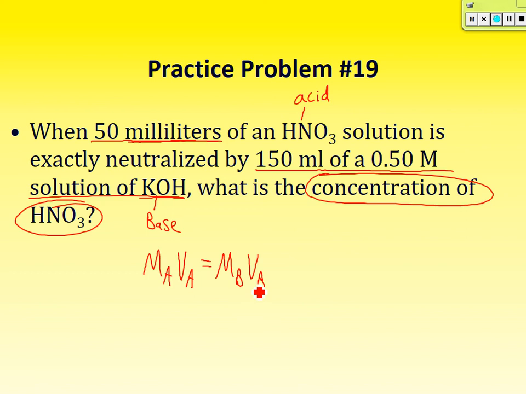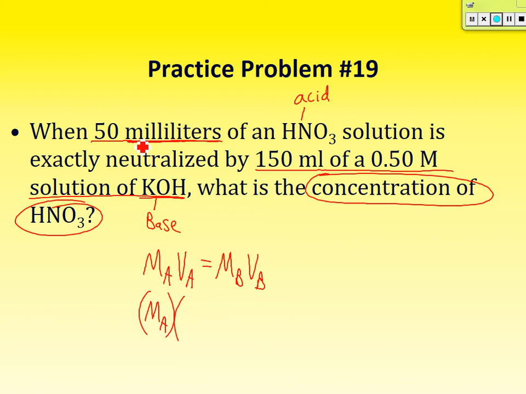Okay, let's substitute in. Did it give us the molarity of the acid? Or is that what it's asking for? That's what it's asking for. So I'm just going to keep calling it Ma. Did it give us the volume of that acid? Yeah, it did. But here's how it's different. Could we convert this to just liters?